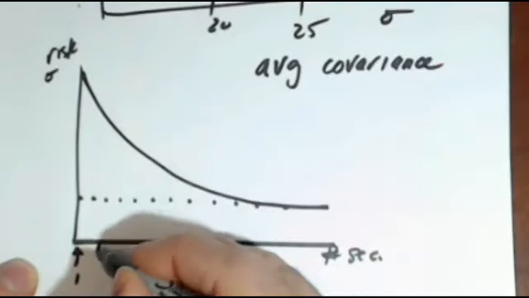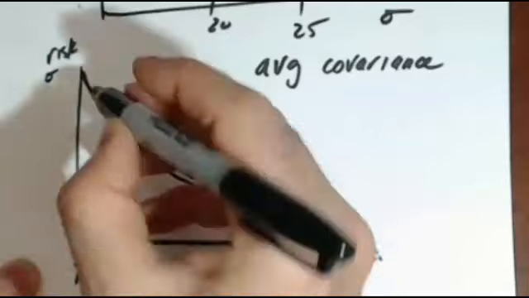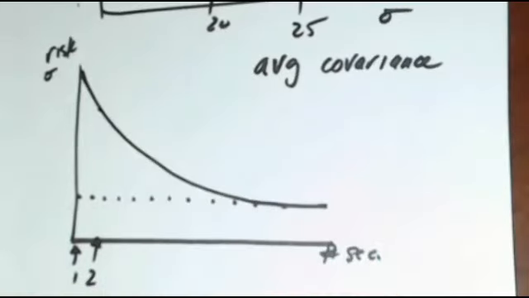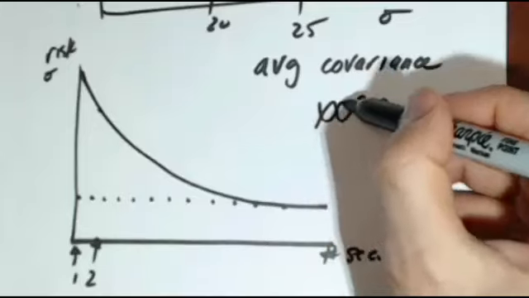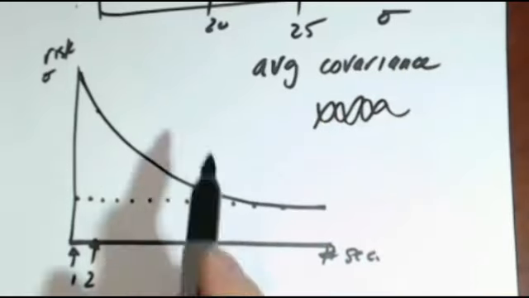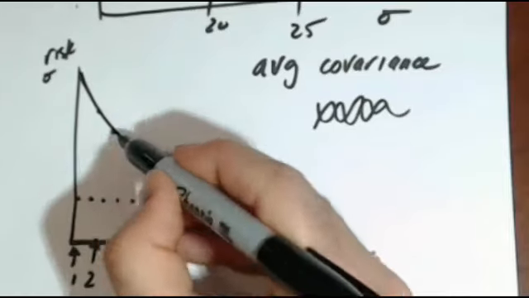If you randomly pick another stock, you'd have less risk because of the netting and offsetting effect, as the returns would not quite be in sync with each other. And if you randomly pick a third stock, you'd come down to here and so on.